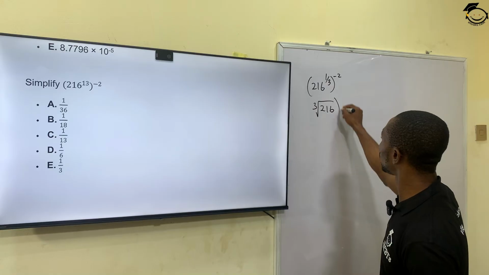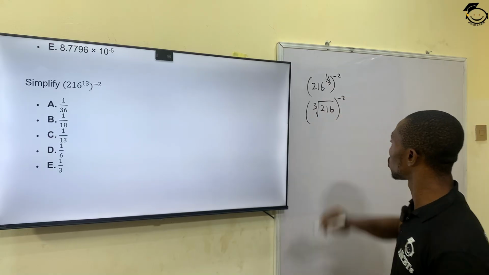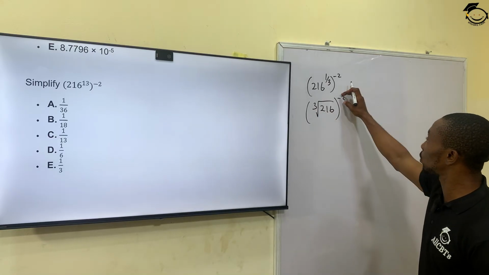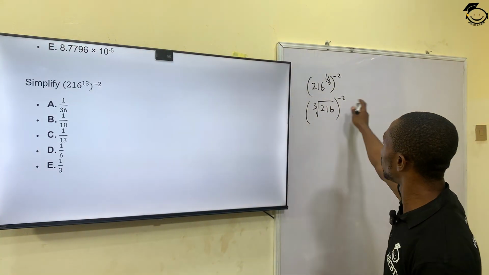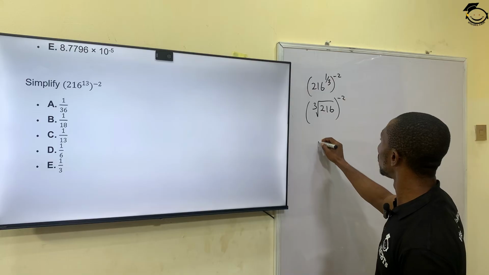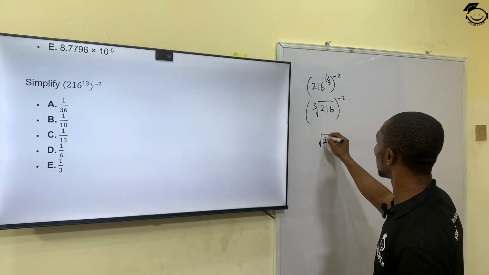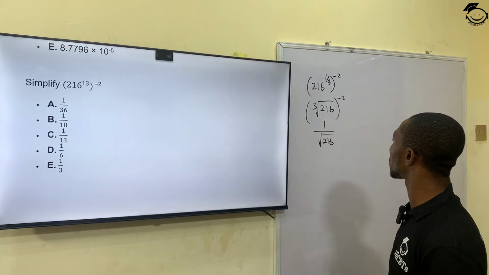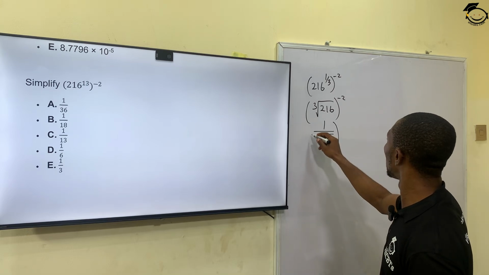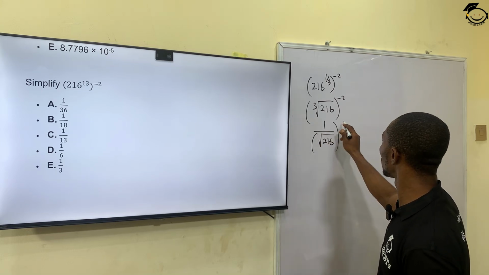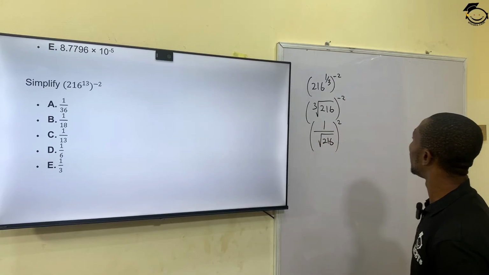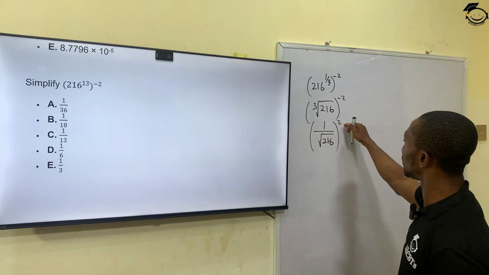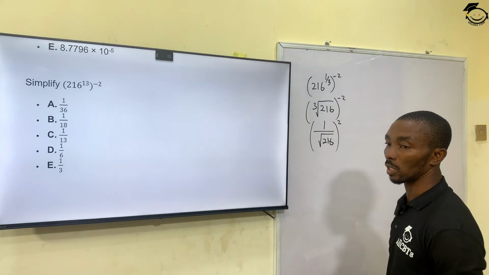If we have cube root of 216, all raised to the power minus 2, because of this negative sign, we can change it to positive by having it as 1 over cube root of 216, all raised to the power 2. Okay? Now we've eliminated our negative to make it positive.